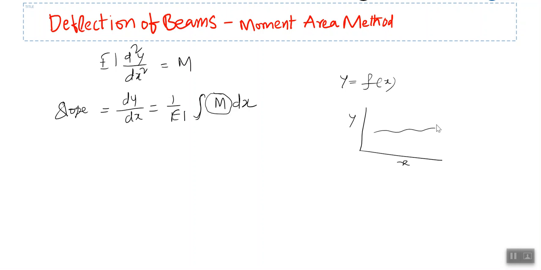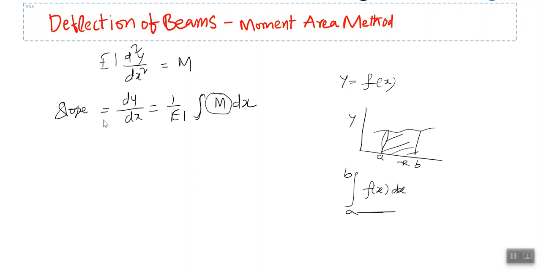Let us say any function is there. This is y equal to f of x. If we integrate this function f of x dx between any 2 points a and b, we will get the area under this curve between points a and b, right?